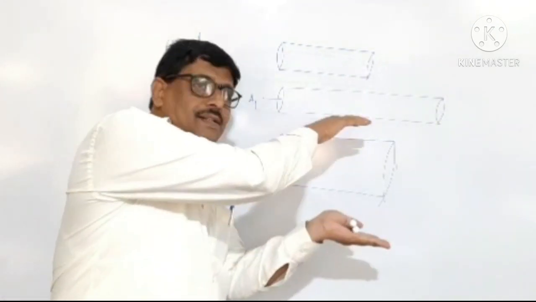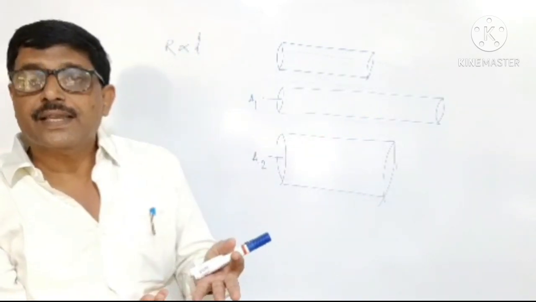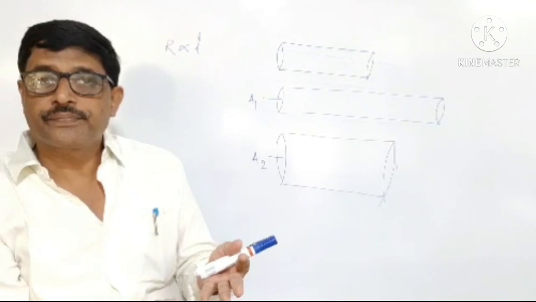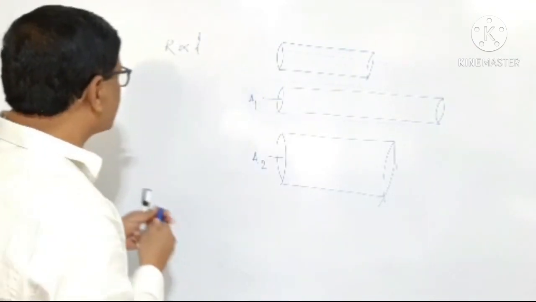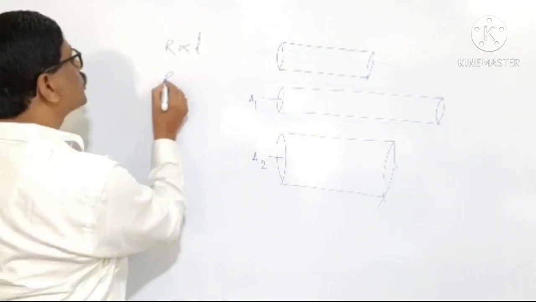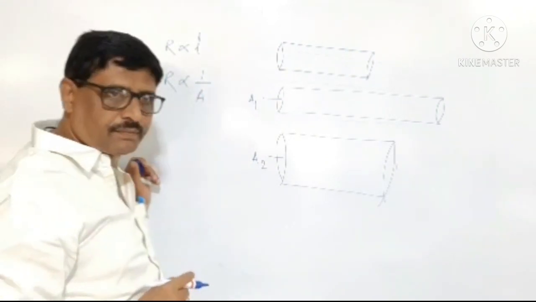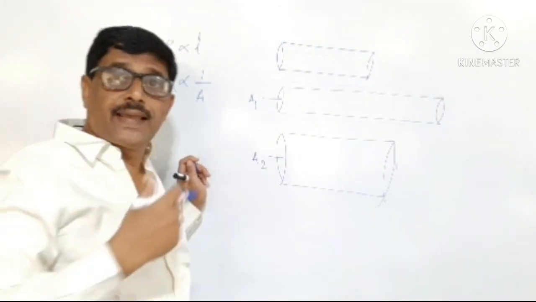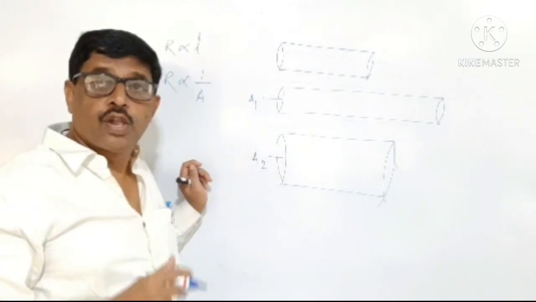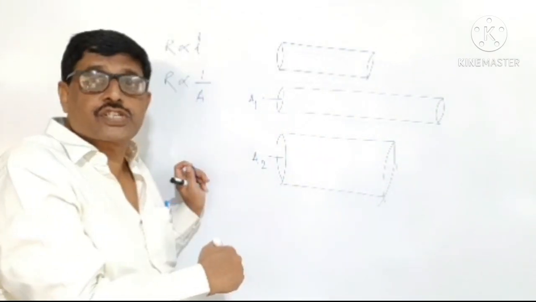With increase in the area of the cross section, the number of collisions per second decreases, and it has been observed that the resistance of a conductor is inversely proportional to its cross-sectional area. More is the length, more is the resistance. More is the cross-sectional area, less is the resistance.